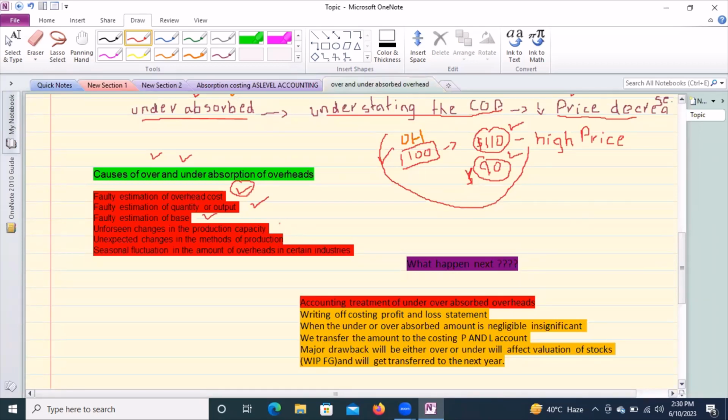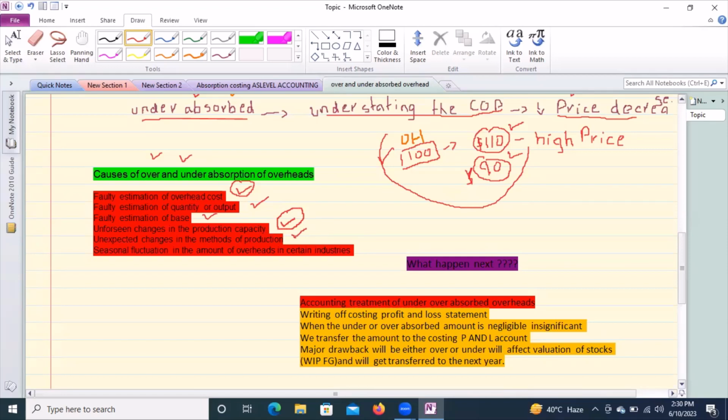Maybe it is because of unforeseen changes in the production capacity. Maybe your production capacity is lower at the start of the year, but suddenly it gets higher, and maybe vice versa. And unexpected changes in the method of production.